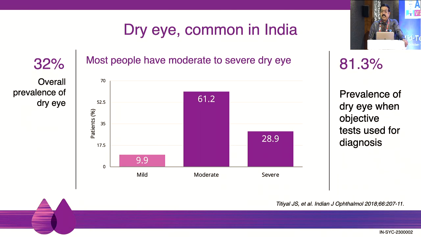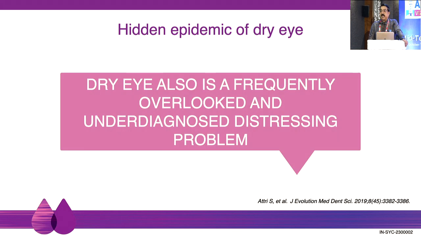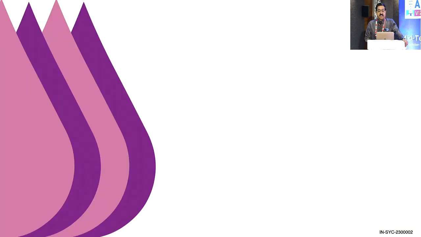And if we do the tests of the prevalence, then it's a near 82%, and the prevalence of dry eye when these objective tests are used is again a very important aspect. And this is where we have to term that there's a hidden epidemic of dry eye in the world today, especially in India, and frequently overlooked and underdiagnosed unless it becomes a distressing problem.